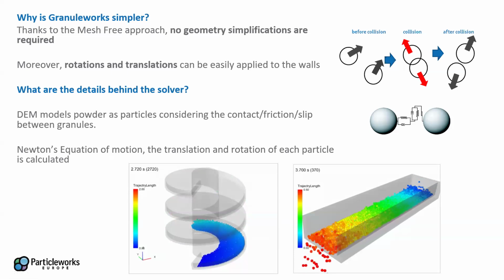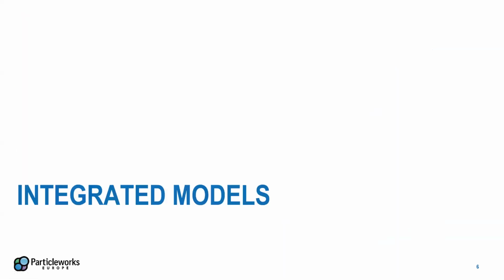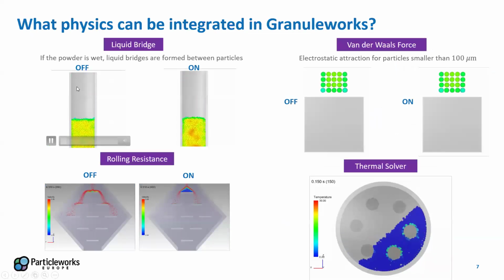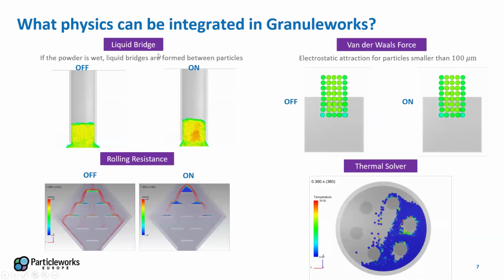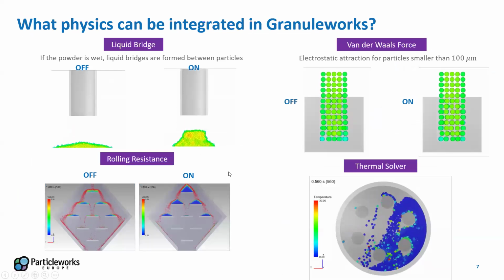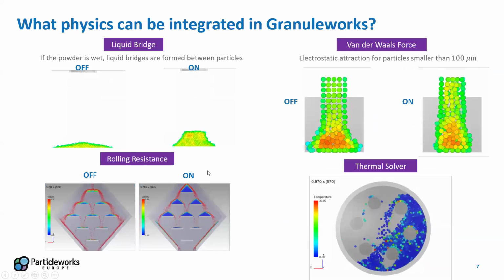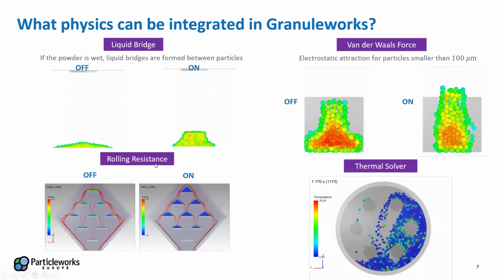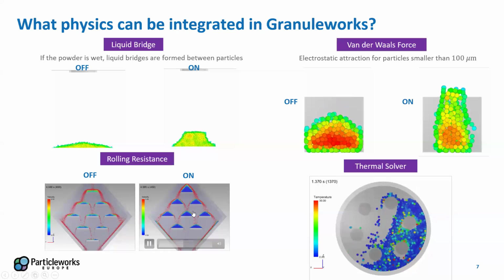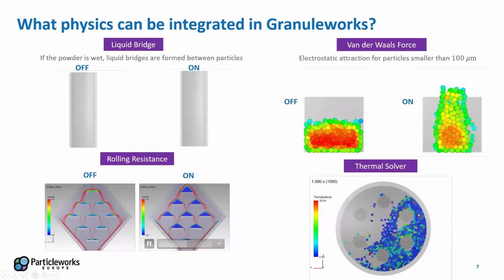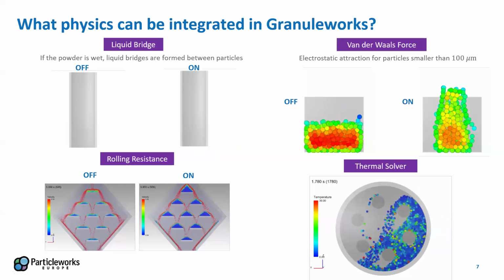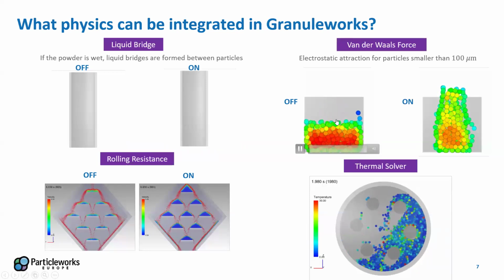But not only that, we have integrated models to have a more refined interaction and modeling of the flow, meaning that we can, for instance, have liquid bridges, so liquid-like adhesion forces on the powders, and also rolling resistance, so we can also account for the losses of energy due to rolling of the particles.